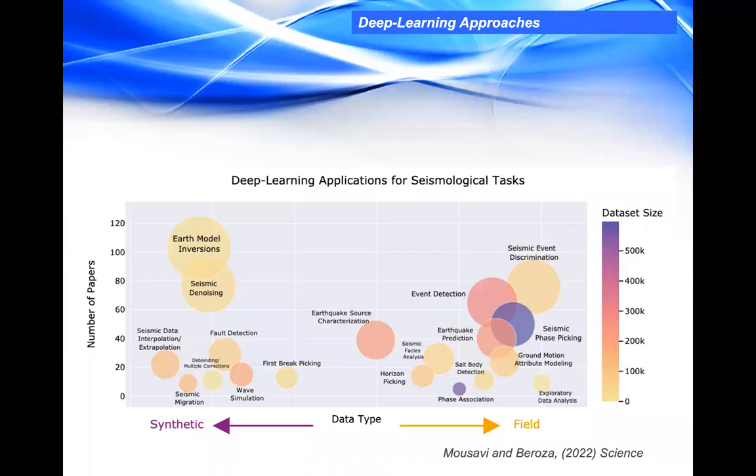So denoising is one of the main seismological tasks in which deep neural networks have been extensively used in recent years. So, as the last part of this presentation, I'm going to briefly touch on these.